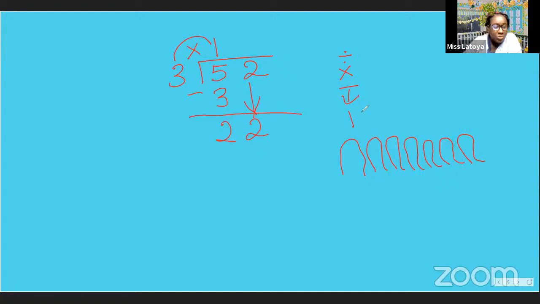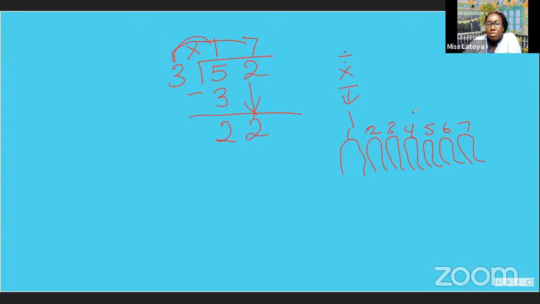How many fingers do we have up? 1, 2, 3, 4, 5, 6, 7. So 3 can go into 22 7 times. We put the 7 on top. What happens when we put the 7 on top? Thank you, Trishelle. So it's going to be 3 7s are 21.